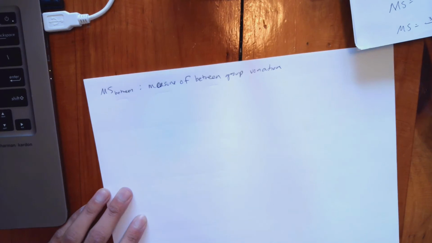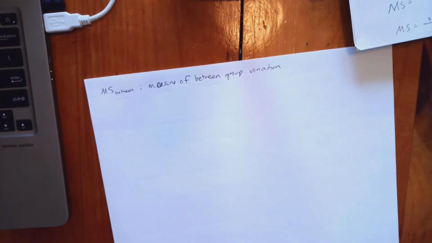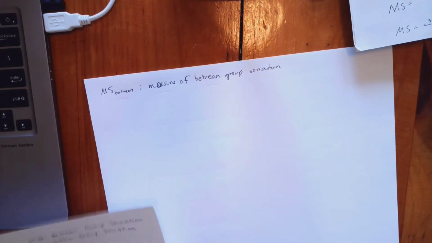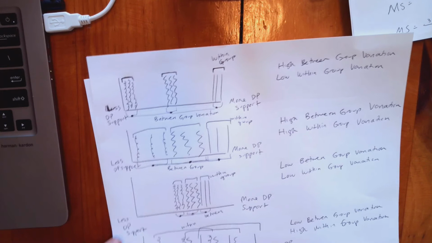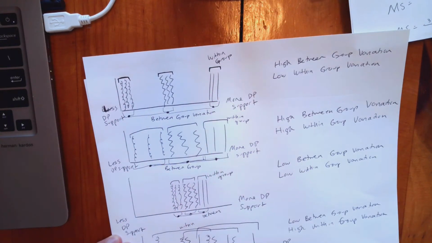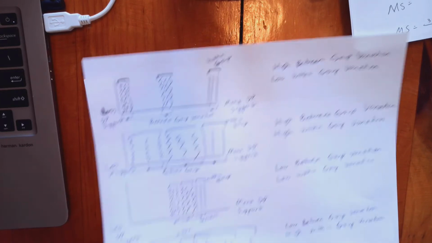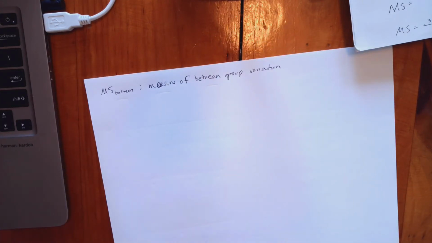So conceptually, talking about the mean square between groups, we're talking about how far apart the different group means are from each other. So we have a high MS between groups in this scenario, and we have a high MS between groups in this scenario, where each of our groups are spread apart pretty far from each other.